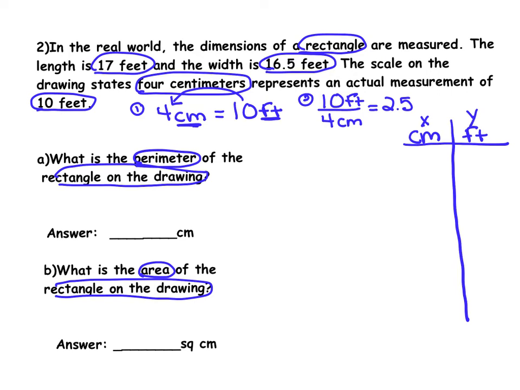That's our Y value. Now, that means as we go from left to right, we would multiply by 2.5, but working backwards from feet to a centimeters measurement, we're going to divide by 2.5.